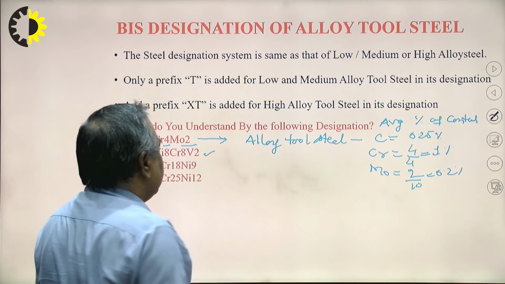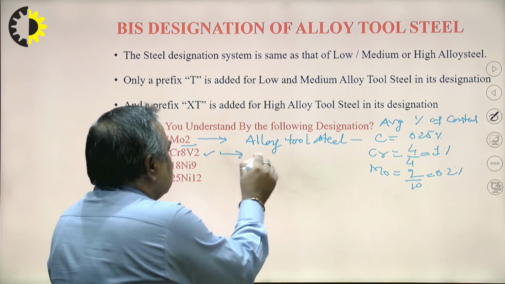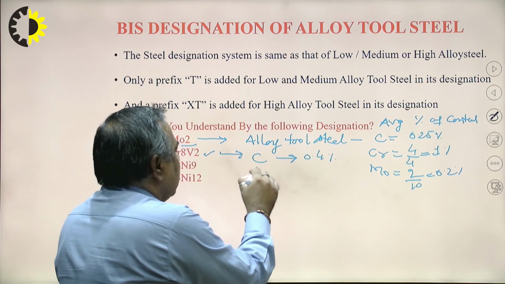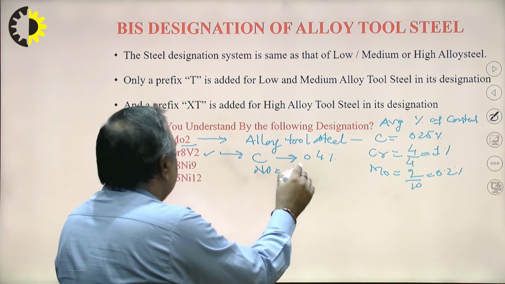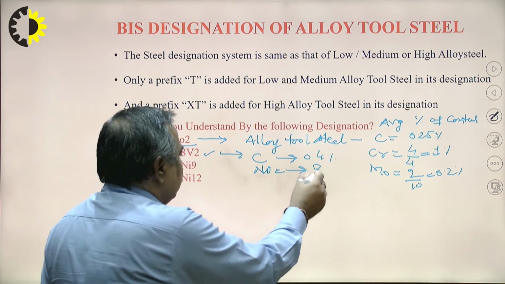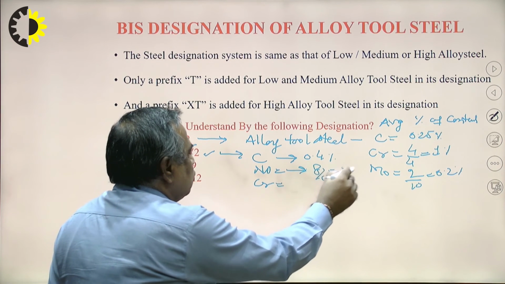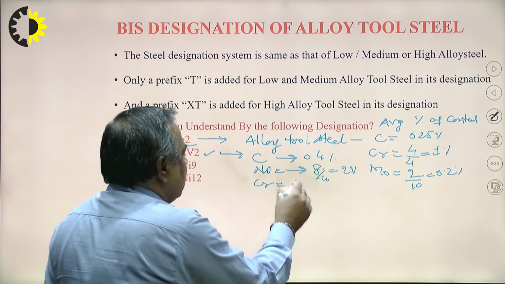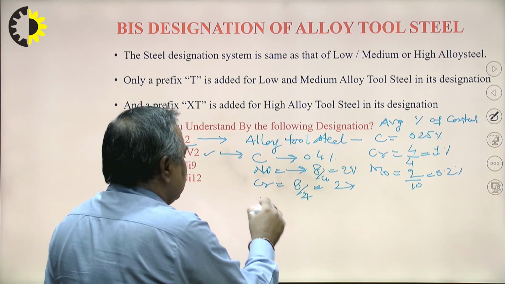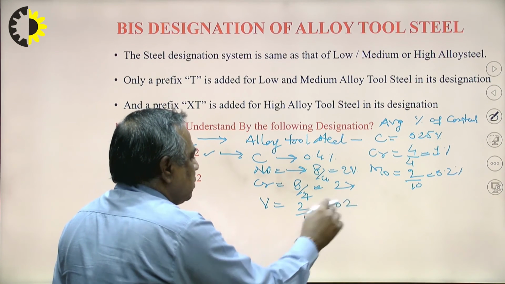A similar example you will get. This is the low alloy tool steel where the carbon average percentage is 0.4%. Nickel is 8 by 4 is equal to 2%, and chromium is 8 by 4 is equal to 2%, and vanadium is 10, multiplying factor, 2 by 10 is equal to 0.2%.